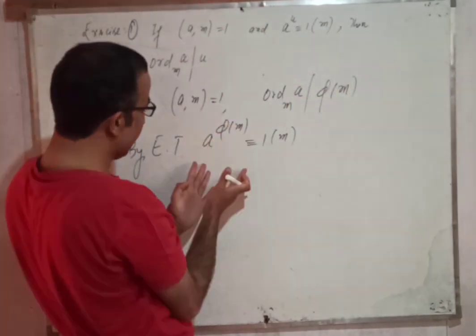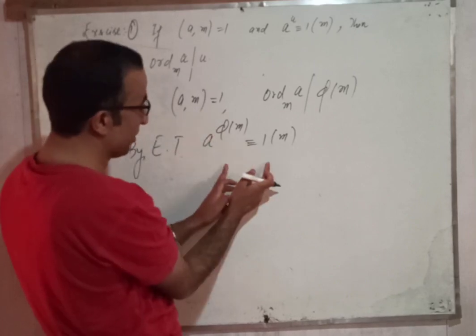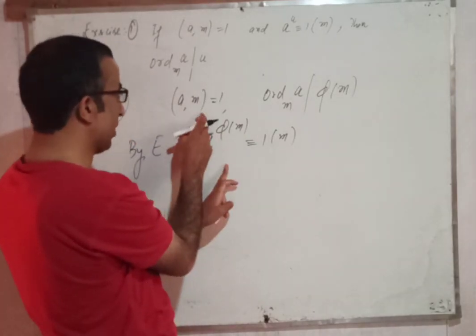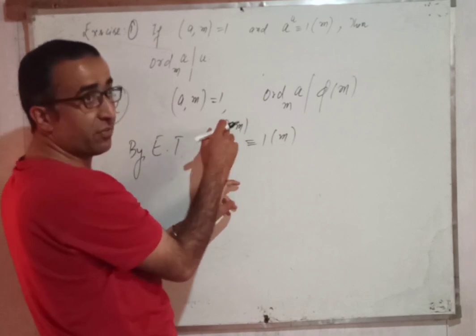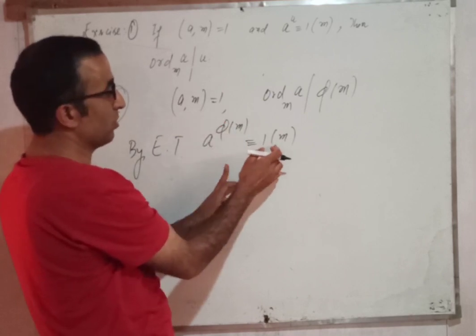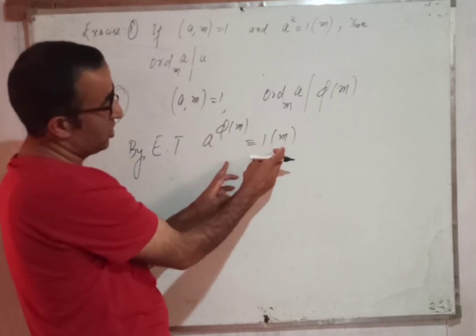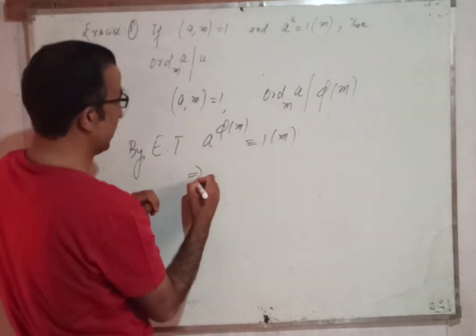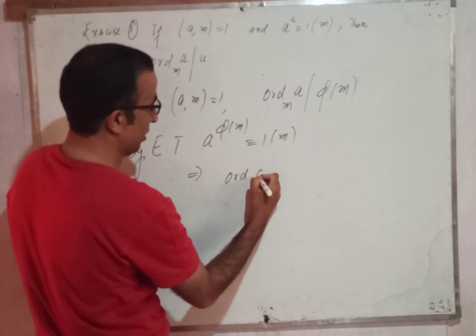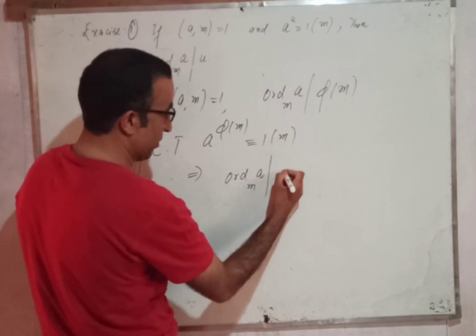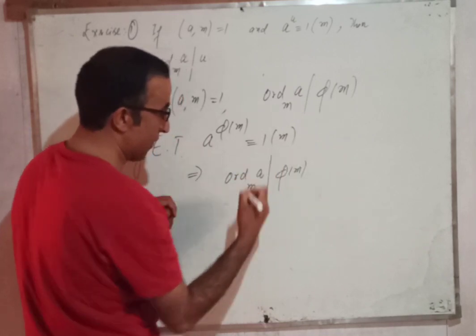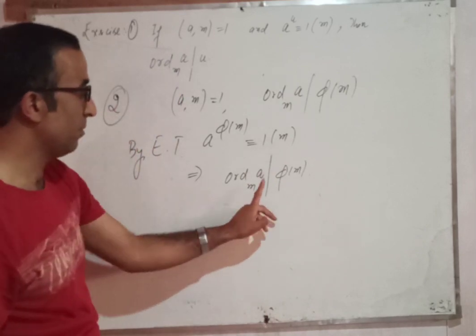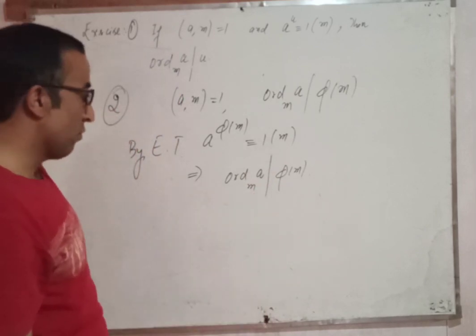You have exactly the same thing. You have (a, m) is 1, and a power phi of m is congruent to 1 mod m. So by this exercise, the order of a modulo m divides phi of m. Very simple.